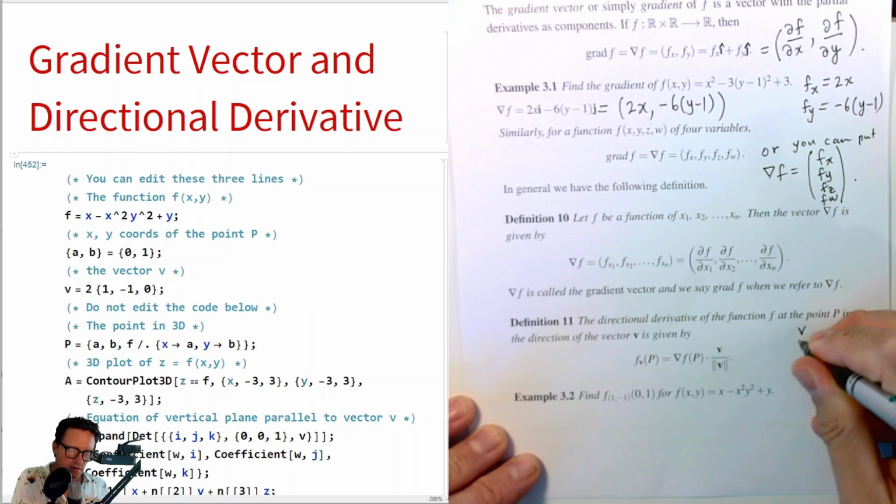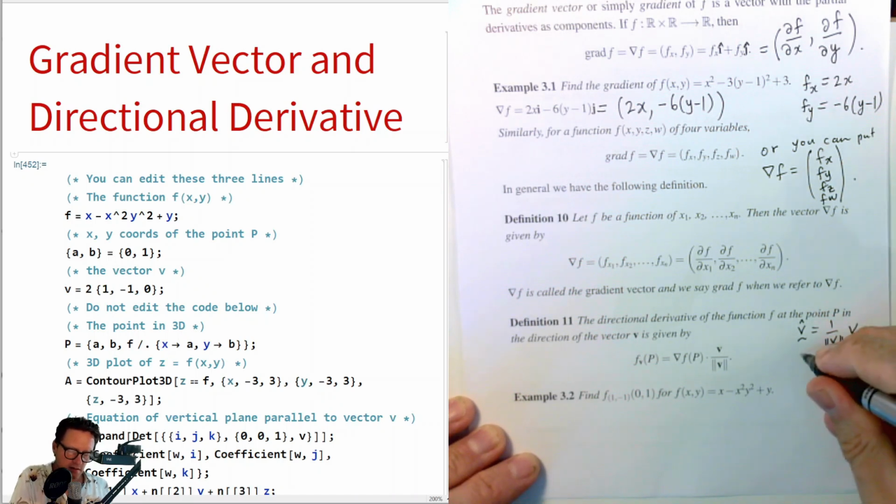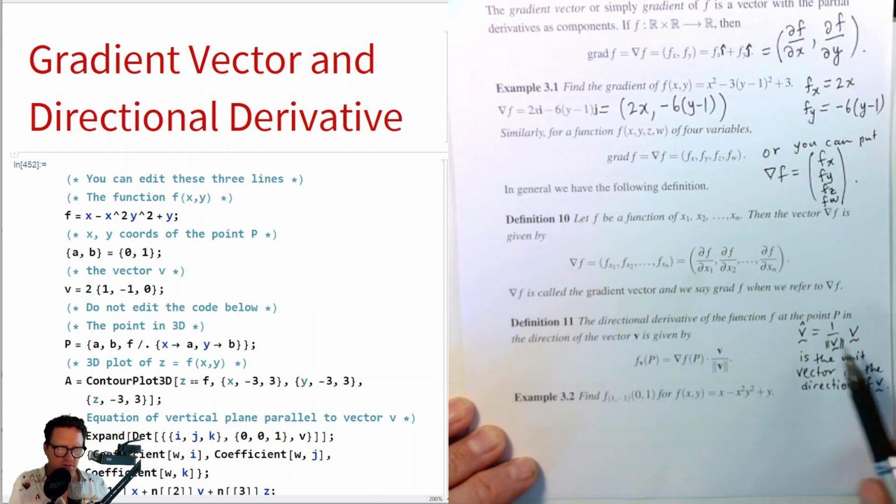So here v hat, which is 1 over the norm of v times the vector v, is the unit vector in the direction of the vector v. So this vector right here has norm equal to 1.